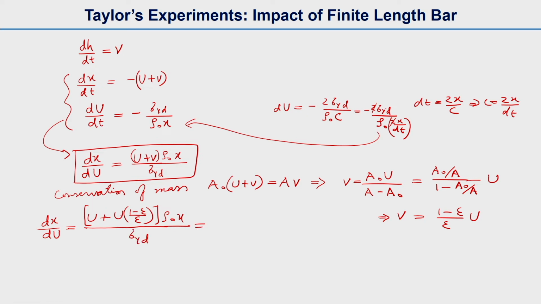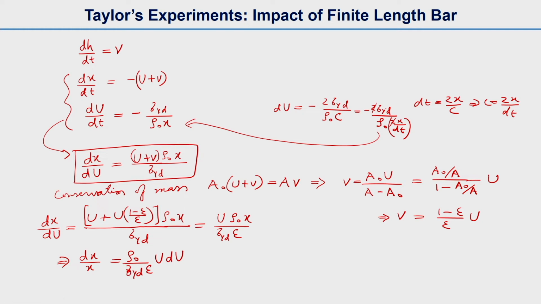So this part, u plus u (1 minus epsilon) divided by epsilon, will give us u by epsilon, and then finally the expression will be, we can write as dx by x equal to rho naught over sigma yd epsilon u du.